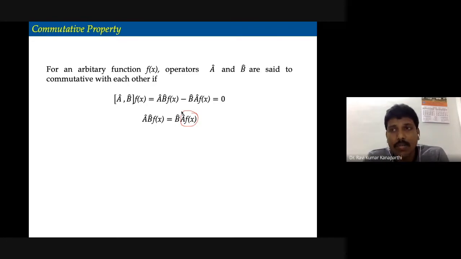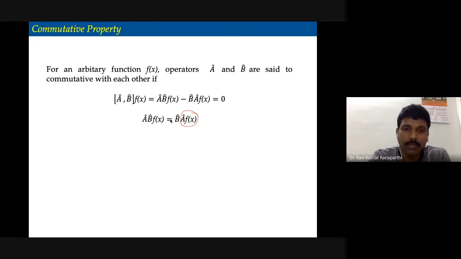But this is not obvious when you talk about operators. Two operators A and B are said to be commutative only when operator AB f of x is equal to operator BA f of x.